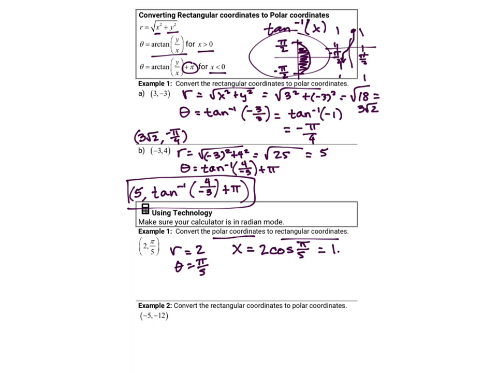Did you type it? 2 cosine pi over 5. What'd you get? Good. And our y value is going to be 2 sine of pi over 5.